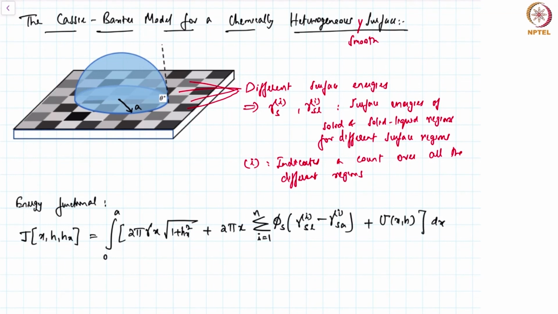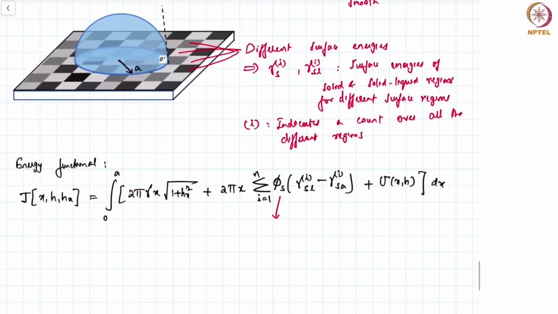so this quantity phi s here is like what we had talked about with islands. This is like the area fractions of different types of surfaces.